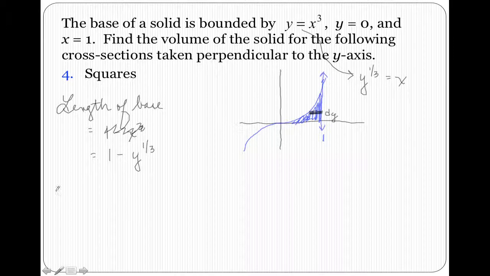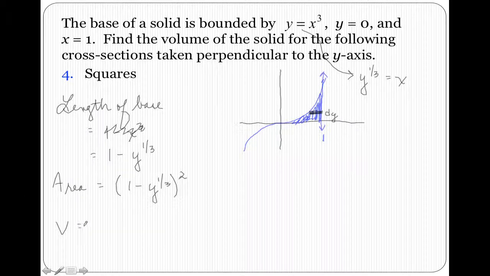So as we set up our volume, we need the area for the square then. Remember, that's just base times height. So if our base has length 1 minus y to the 1/3, our height has to be the same since it's a square. And you can simply leave it like that. You do not have to multiply it out.